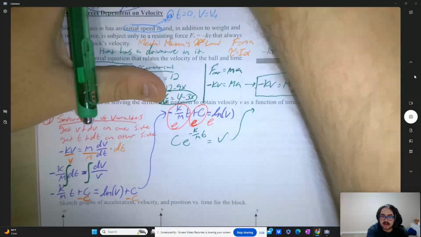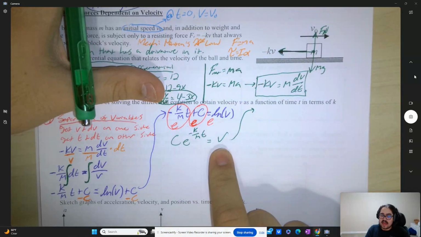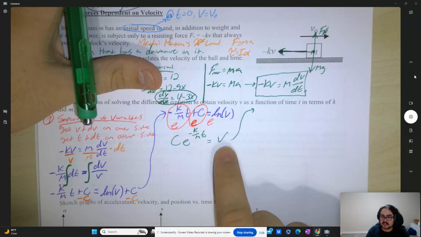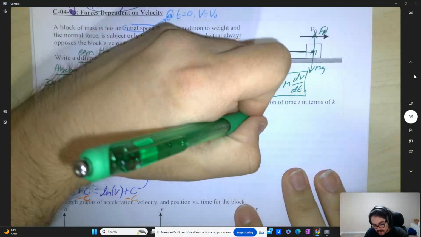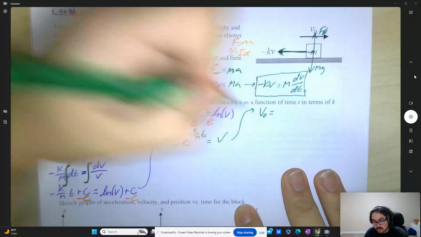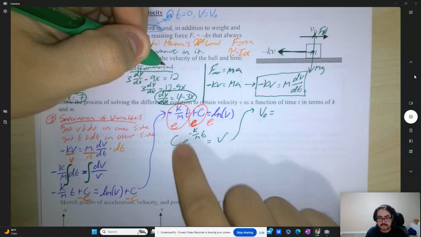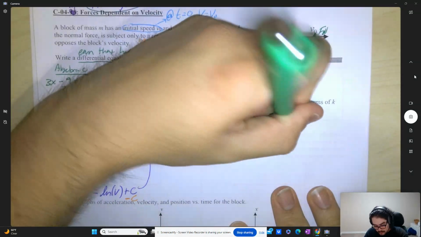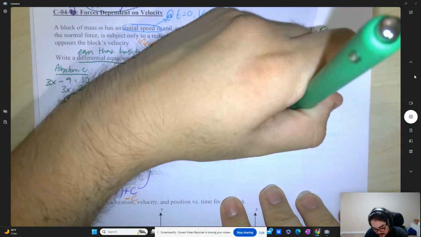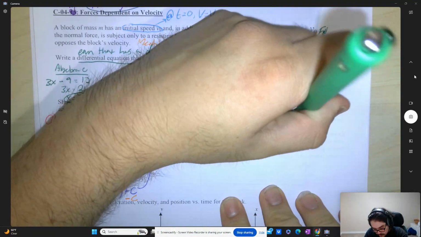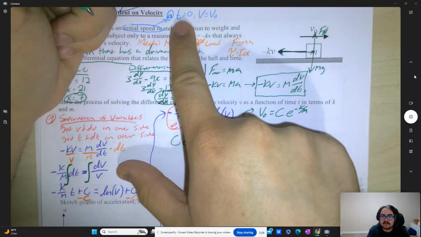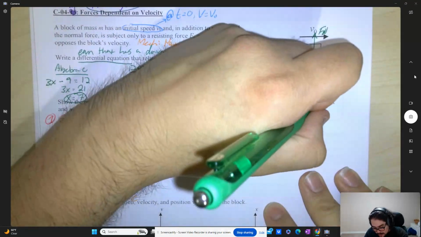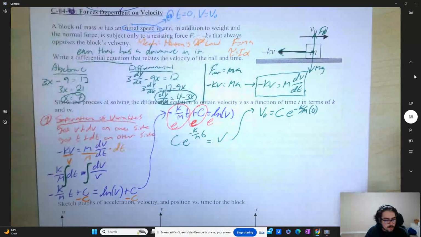So I'm going to take my expression that I just got here, and I'm going to replace it with the initial conditions. V is equal to v naught. So instead of writing v here, I'm going to write v naught is equal to, okay, c times e to the negative k over m. And at what time is it v naught? Oh, it's 0. Okay, so this up here is actually multiplied by 0. Oh my gosh, wait a minute.